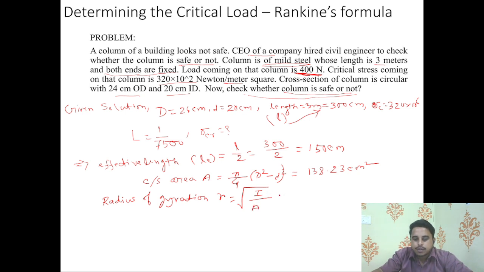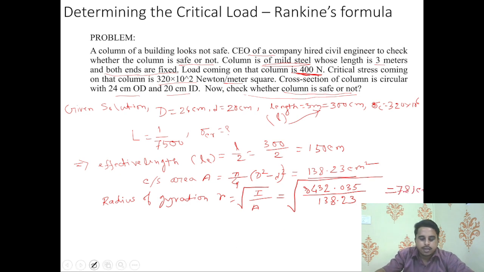If we put the value for the circular section, the moment of inertia, which you can calculate using formulas, is 8432.035 divided by 138.23, the area. If we calculate it, it gives the radius of gyration as 7.81 centimeter.